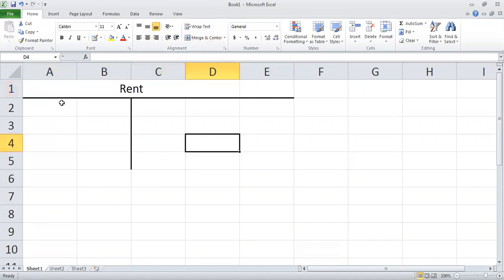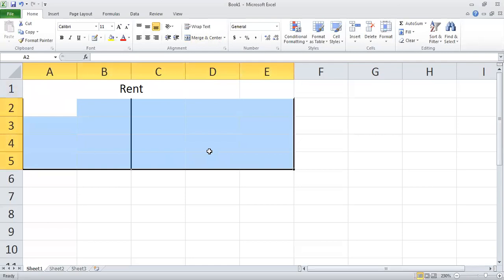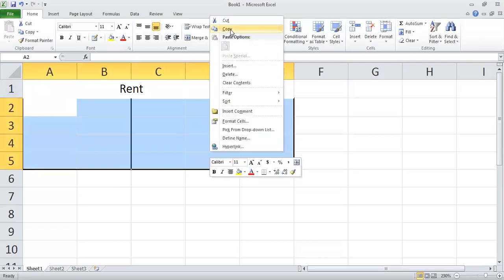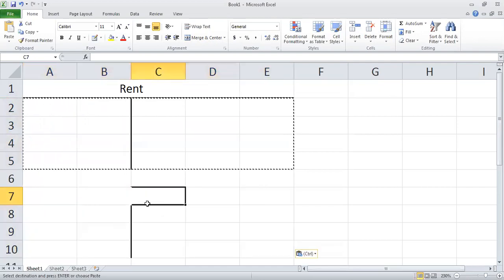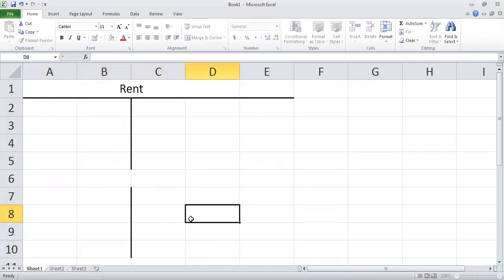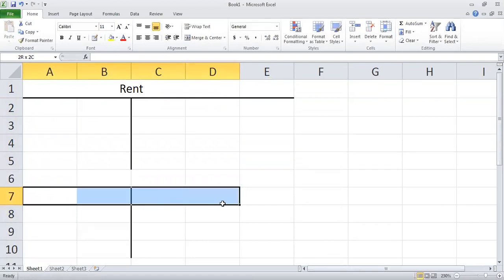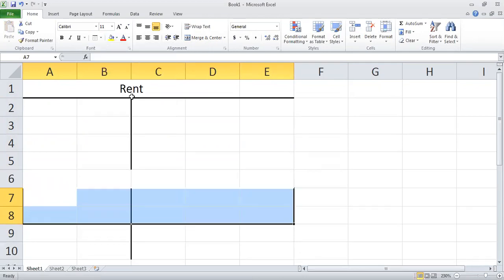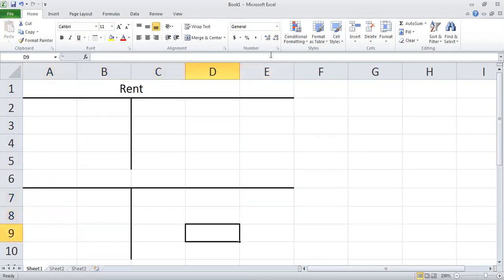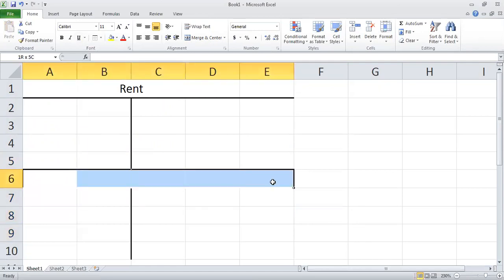Then I'm going to copy this account and put it right here. And you also have the cash account as well.